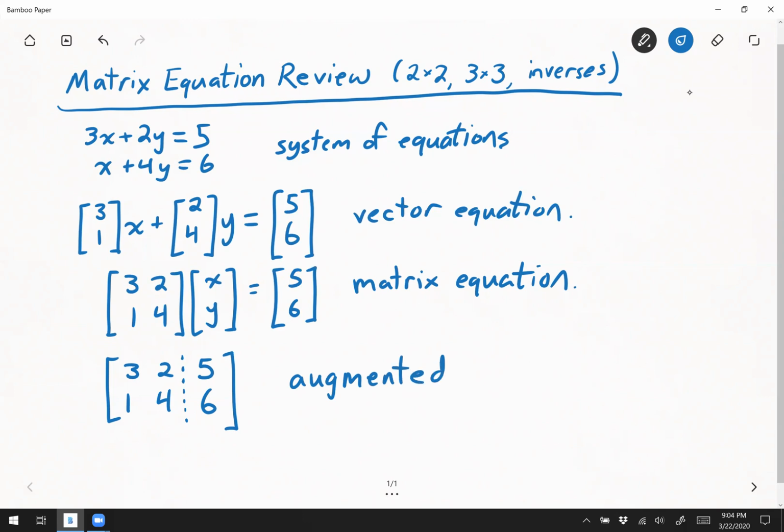It's not really a matrix equation because there's no equality sign in there, but often we'll take an augmented matrix and do row operations to bring it into a simplified form where we can read off the answers more simply. But today we're going to focus on solving matrix equations, specifically for the 2x2 and 3x3 cases.